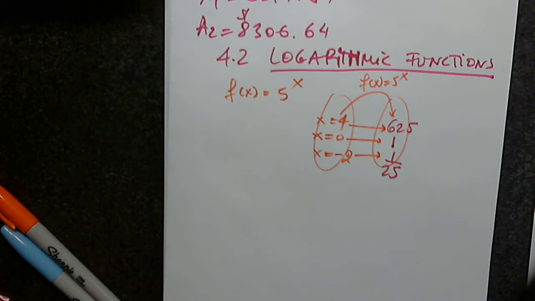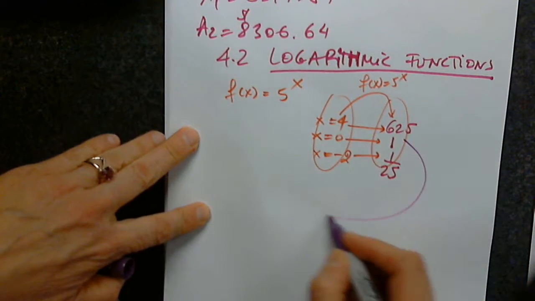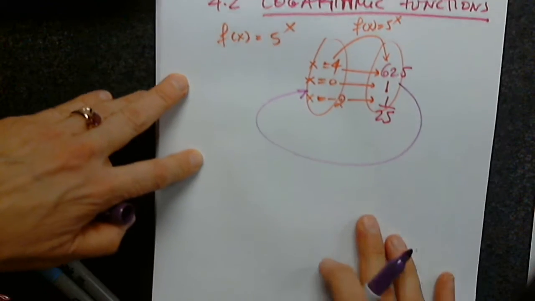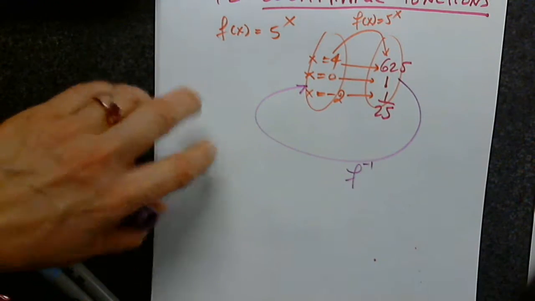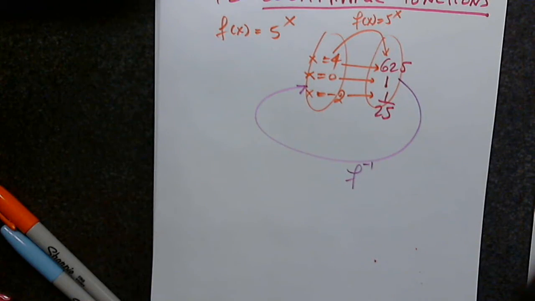Yes, awesome. So now I want to go back with an inverse function. What do I have to show you? That when I apply the inverse function to 625, I get 4.